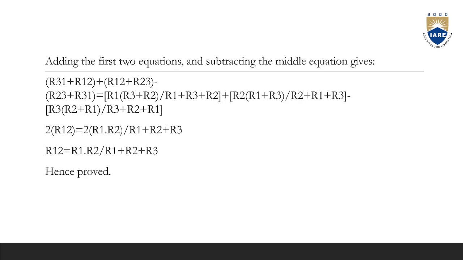Adding the first and third equations and subtracting the middle equation gives R31 plus R12 plus R12 plus R23 minus R23 plus R31 equals R1 into R3 plus R2 by R1 plus R3 plus R2, plus R2 into R1 plus R3 by R2 plus R1 plus R3, minus R3 into R2 plus R1 by R3 plus R2 plus R1. 2 into R12 equals 2 into R1 into R2 whole divided by R1 plus R2 plus R3.